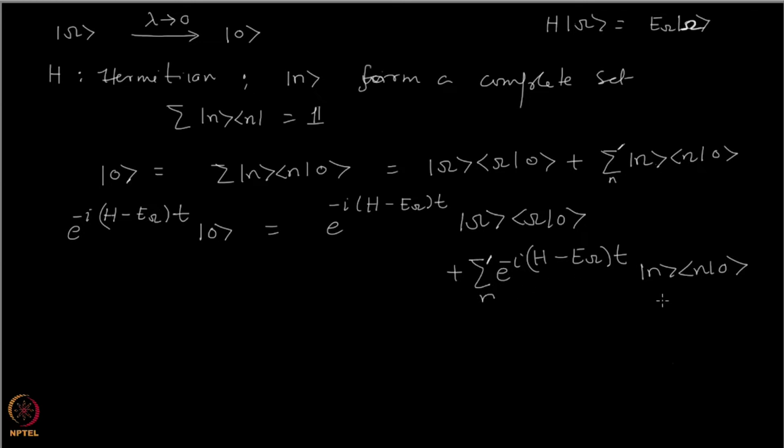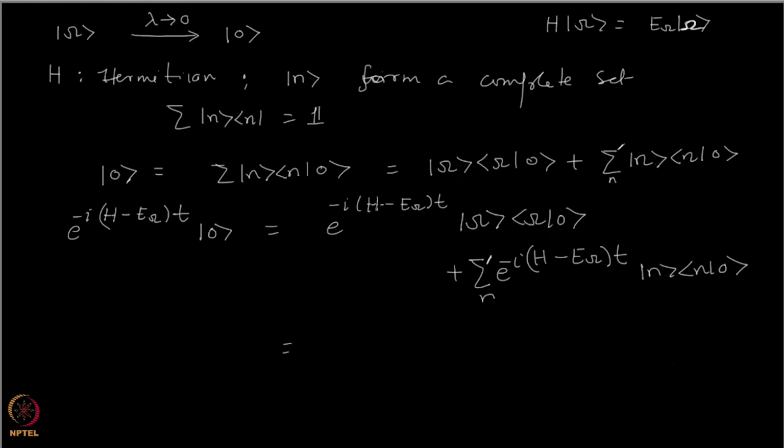Now here I cannot do much because this is the ground state of the vacuum and this is the full Hamiltonian, so I don't know what this is, so I leave it like that. But on the right hand side I can do something.